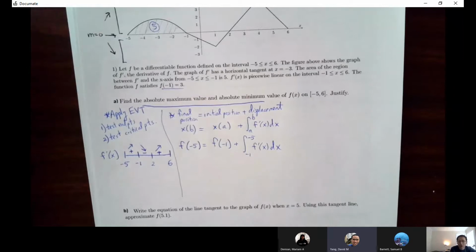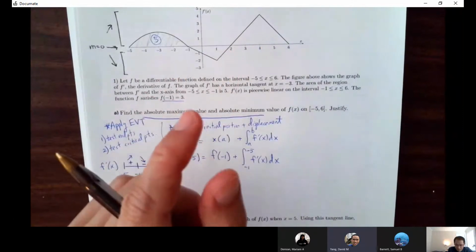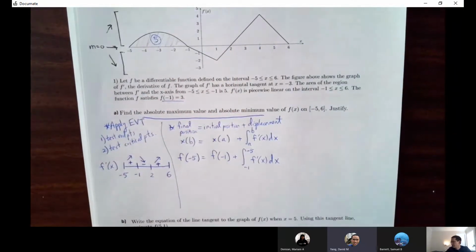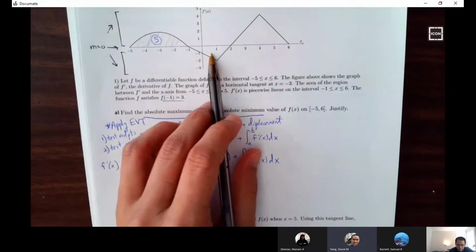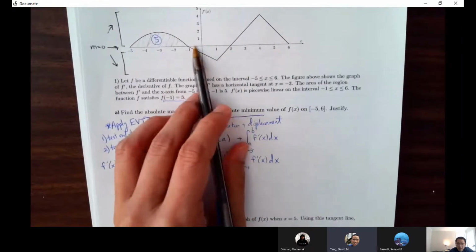Maybe it'll help if we just go ahead and find the area of the regions that we need for each of these values here. So let's see, between -1 and 2, we have 1/2 base times height.